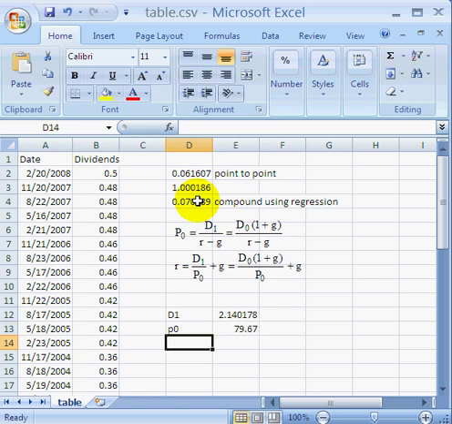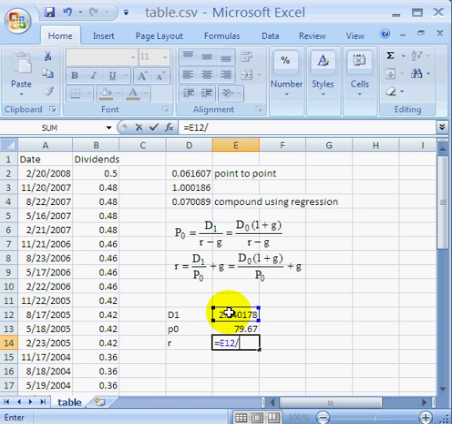And so that tells us that our required rate of return, R, ought to be the dividend, D1, over the price, all added to the growth rate, which is 7.0089%, which gives us a required rate of return of 9.69%.